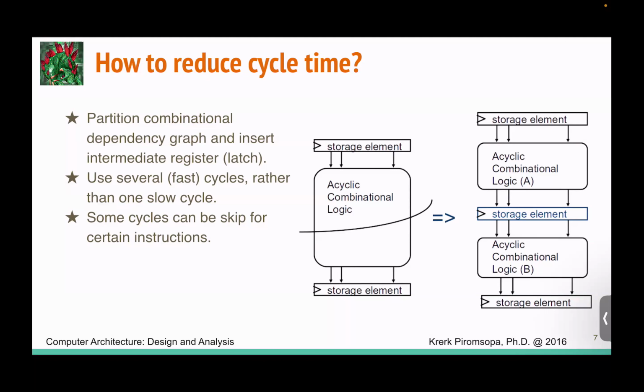So the idea is maybe we can make one instruction use multiple clock cycles, in the sense that some instructions may use fewer cycles and some instructions may use more cycles. But we gain the benefit that for those that use fewer cycles, we can start a new instruction right away when we finish.